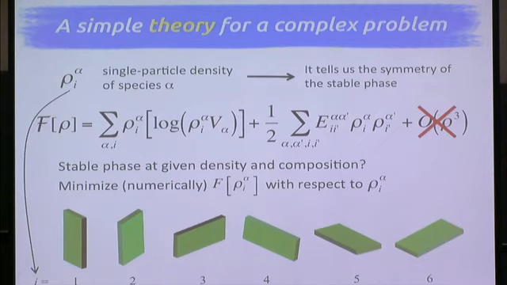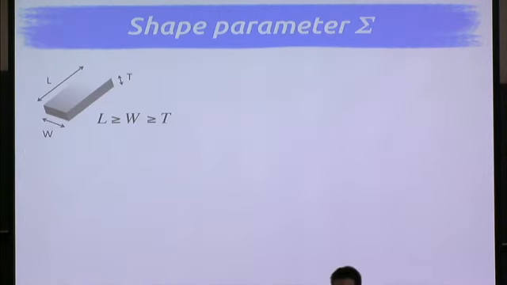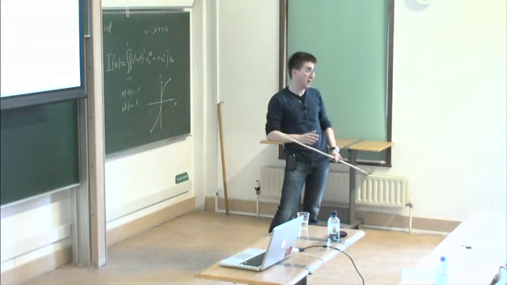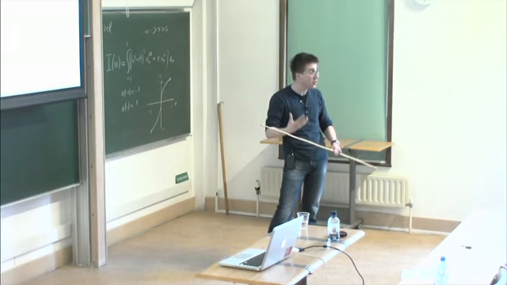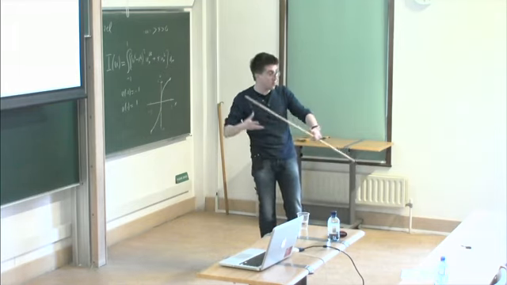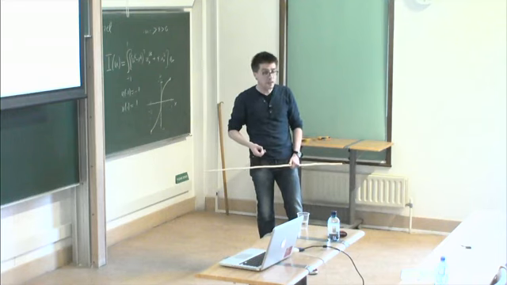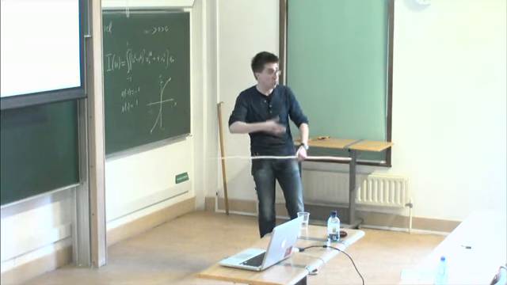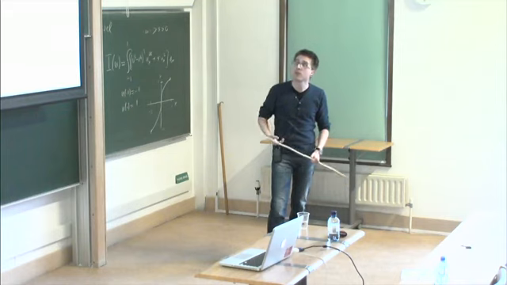And with this, before showing you all the phase diagrams I calculated, let me first introduce this shape parameter. I told you before that describing biaxial particles, like board-like particles, is not easy because we have two aspect ratios to describe the shape, the more general shape of board-like particles.